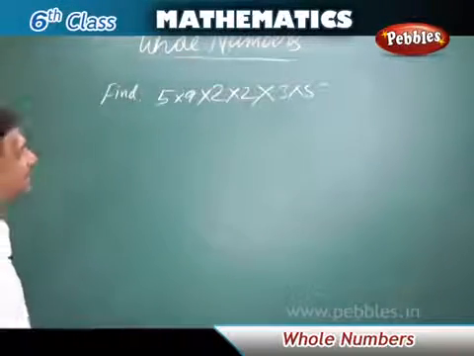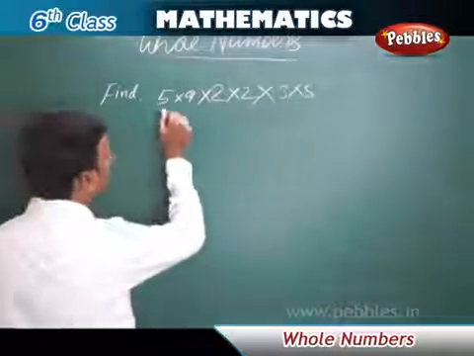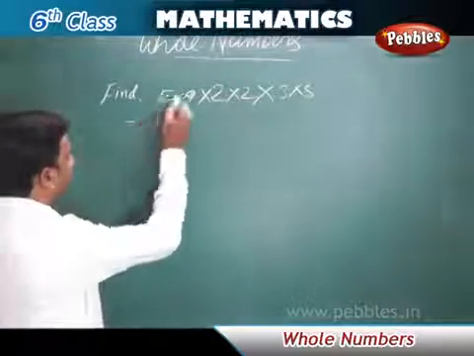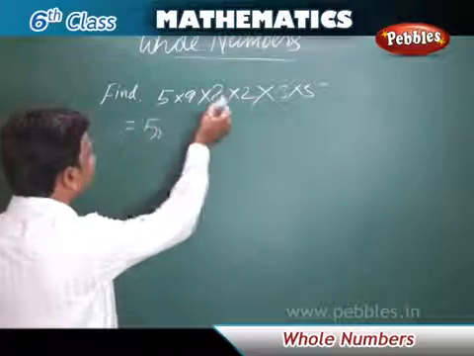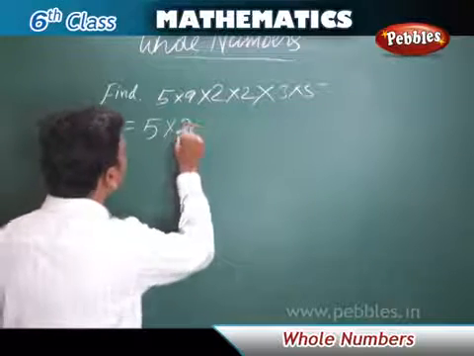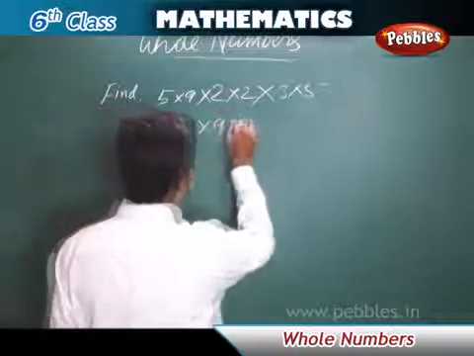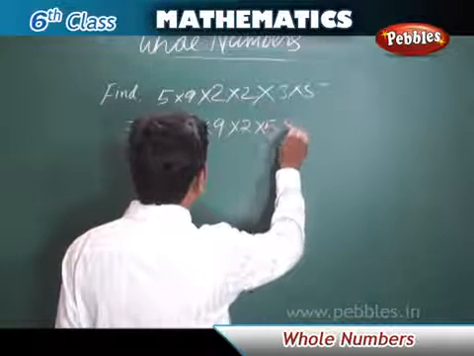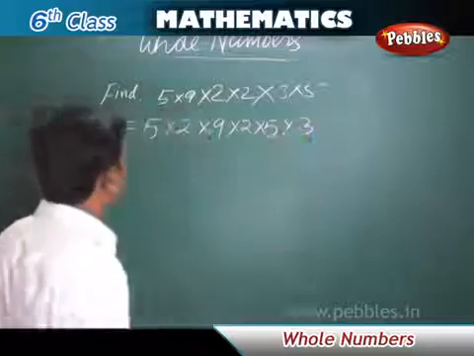Now, let us find this example. Find the product of 5 into 9 into 2 into 2 into 3 into 5. By applying the commutative property, we change the order of these numbers: 5 into 2 into 9 into 2 into 5 into 3.